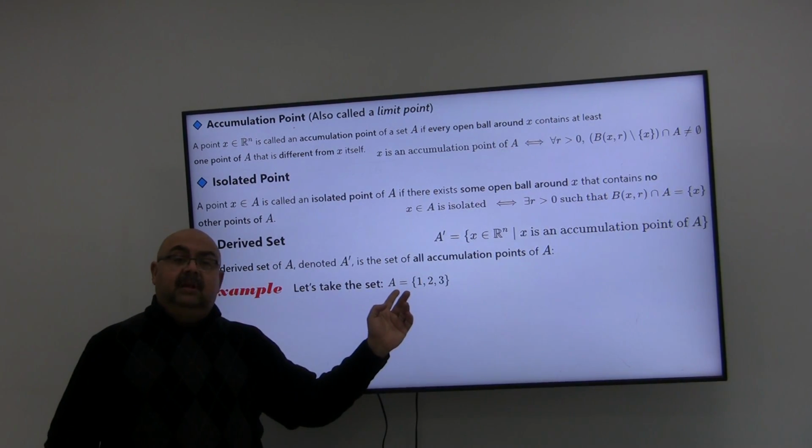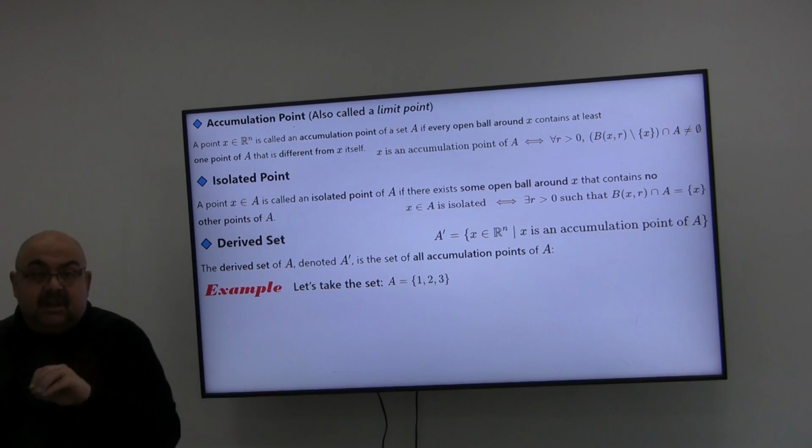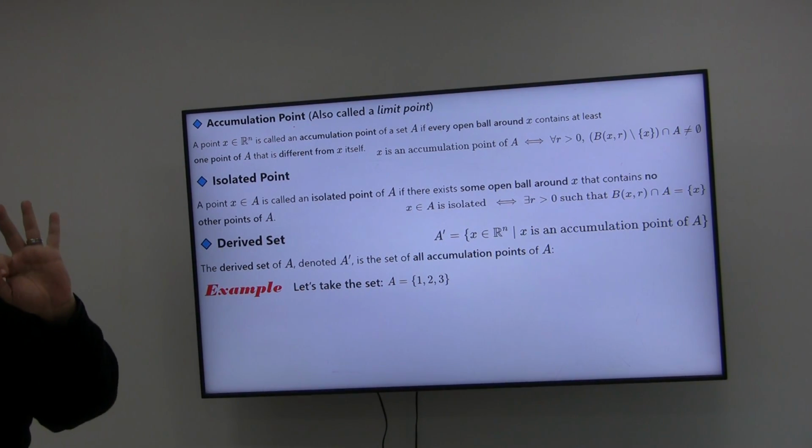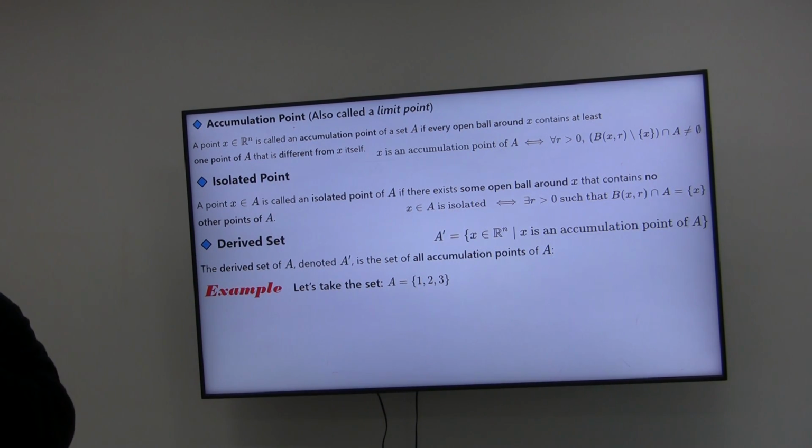Look at this example. If I have A 1 with 2 and 3, so the set contains how many elements? 3 elements. Well, if those points are accumulation points? No, for a reason.